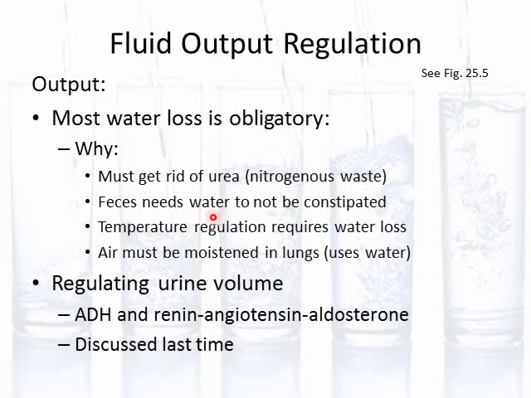We have to have water to get rid of feces, to regulate temperature, and to breathe because the air needs to be moistened. So those are things we have to have that water loss. But we can regulate the amount of urine that we have. And so this is done mainly by the hormones ADH and then the renin, angiotensin, aldosterone system, which we discussed last time.